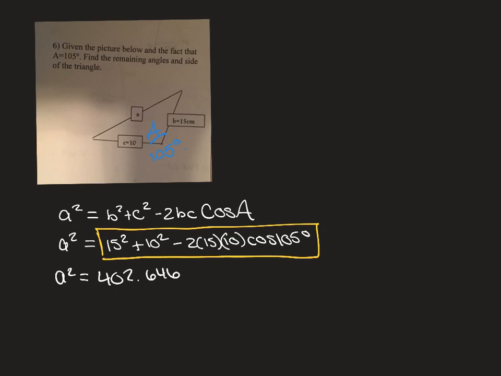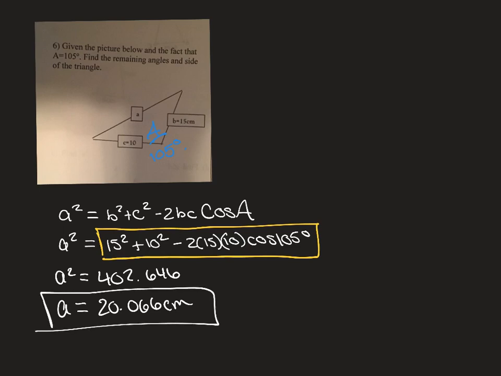So then I'm going to square root that answer. So we now know that a equals 20.066 centimeters. So there, that wasn't so bad at all. And now we can move on to finding the other angles that we need. So what we need to find still is angle B and angle C.